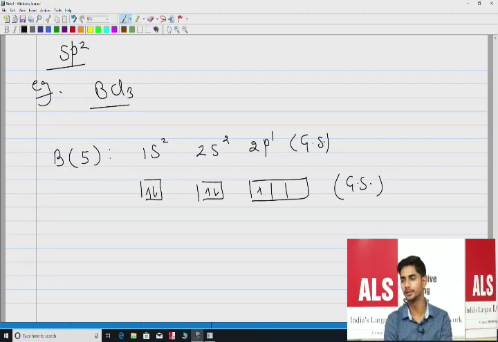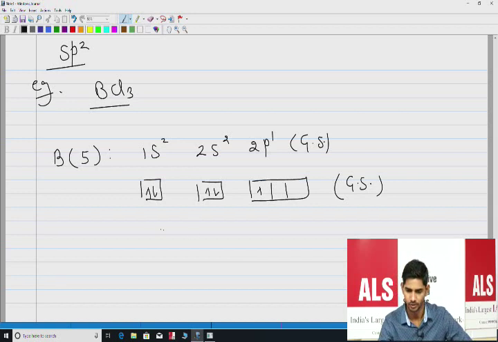Very good, Kohima. Nice, Satna. Fantastic, Shillong. Yes, absolutely right. 2s and 2p are the outermost orbitals.